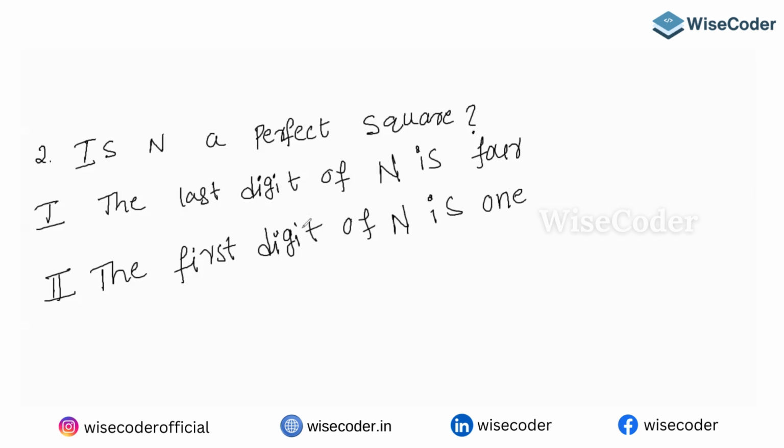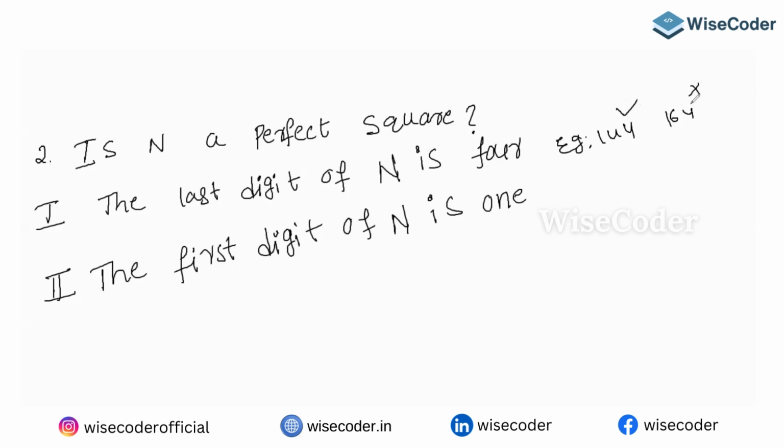First look at the last digit of n, which is 4. Some numbers ending with 4 are perfect squares. Let's say if I take the example 144, it is a perfect square, but 164 is not a perfect square.